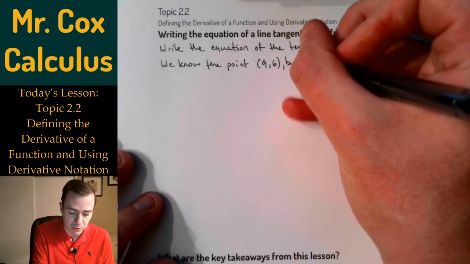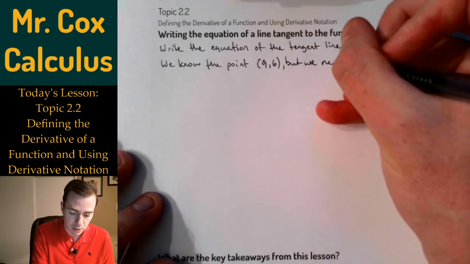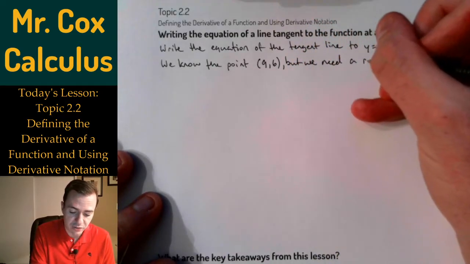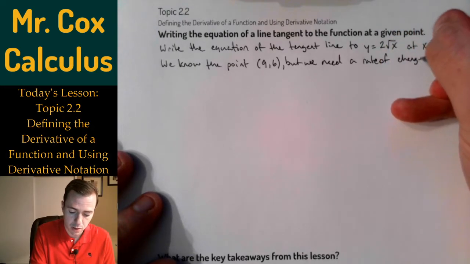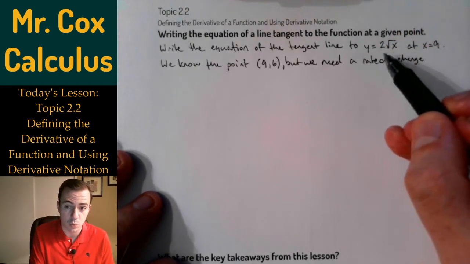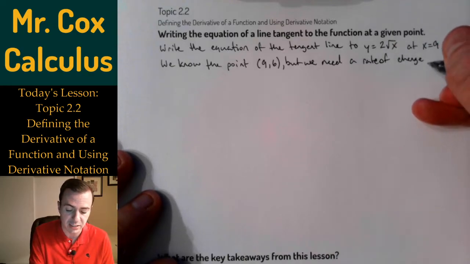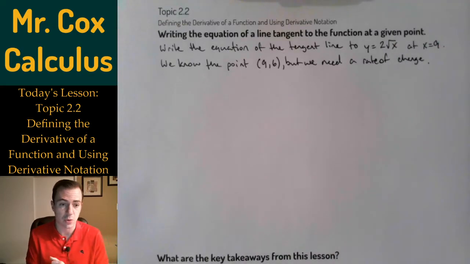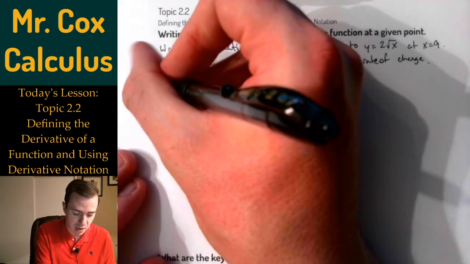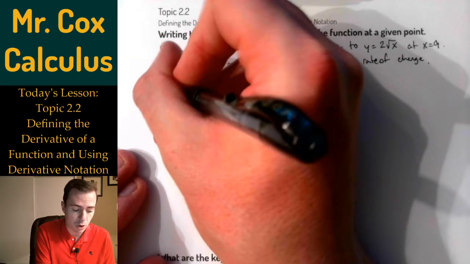But what we also need is the rate of change of this function y equals 2 square root of x at x equals 9. And that's where this idea of the derivative is going to come into play. So if I want to know the rate of change of y, I'm looking for y prime.